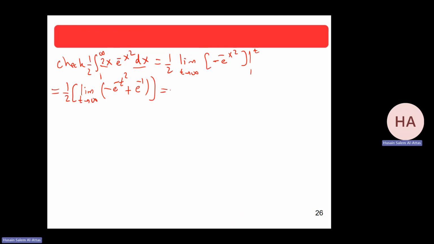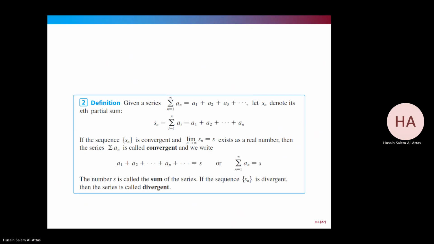As t goes to infinity, that will be one half times 1 over e, converges. So that means this series converges.